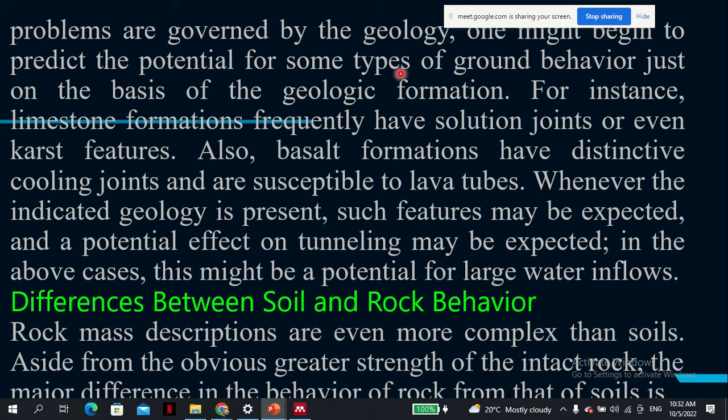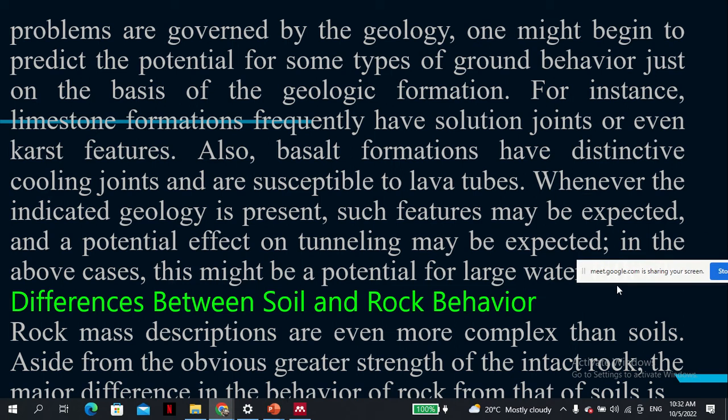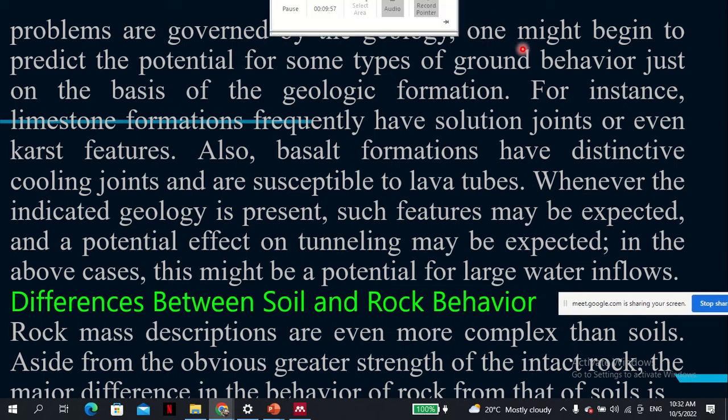So tunneling problems are governed by geology. One might begin to predict the potential for some types of ground behavior just on the basis of geologic formation. For instance, limestone formations frequently have solution joints or even karst features.